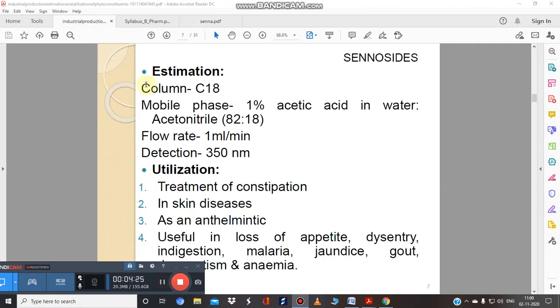It is estimated by the HPLC method, in which we use C18 as the column material, the stationary phase, and what is the mobile phase? 1% acetic acid in water and acetonitrile, 82:18. So the mobile phase contains water, in which 1% acetic acid is mixed, and acetonitrile. We maintain the flow rate at 1 ml per minute, and detection is done at 350 nanometer. This is the HPLC procedure for determination of the senosides.